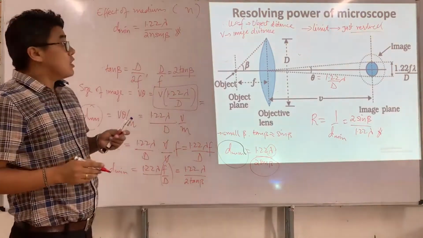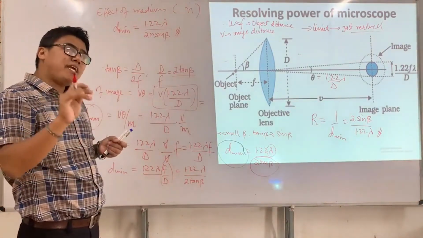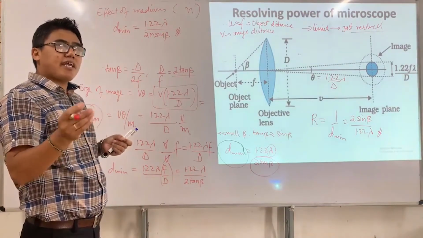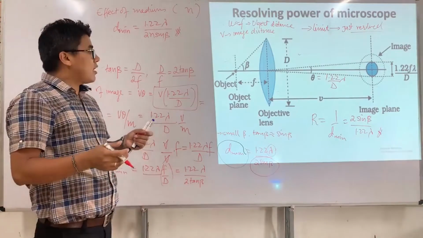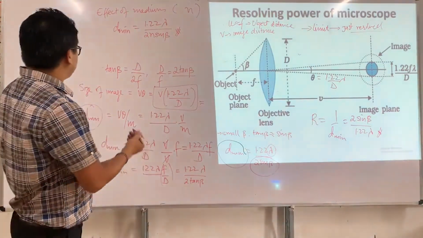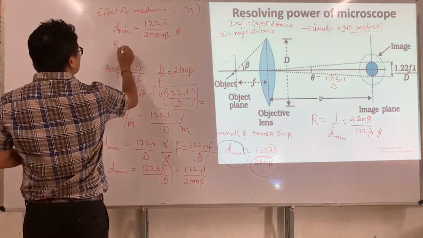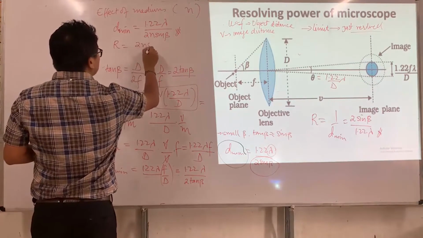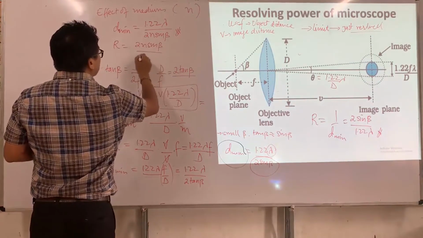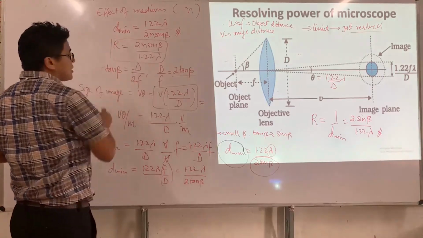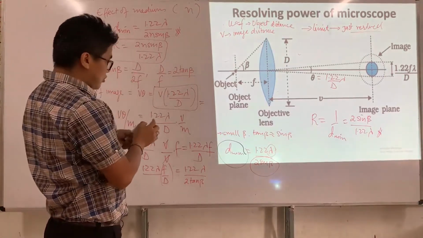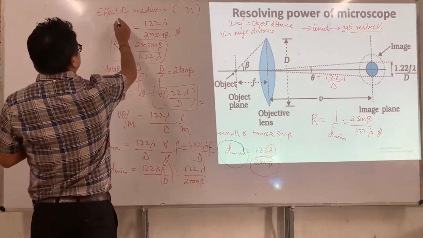So if I use mediums of greater optical density, then the optical resolving power is going to become greater, and the resolving power is going to be 2n sine beta divided by 1.22 lambda. So this is the resolving power when we use a medium.